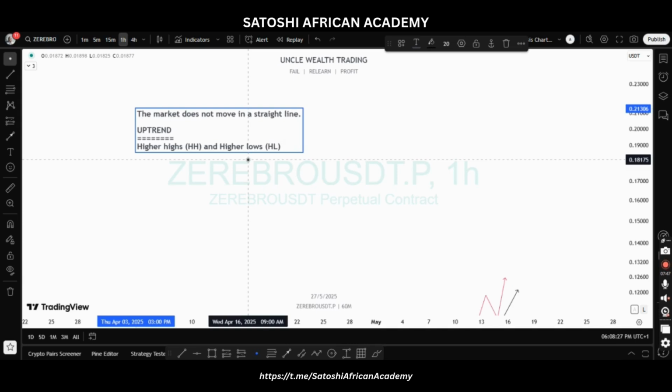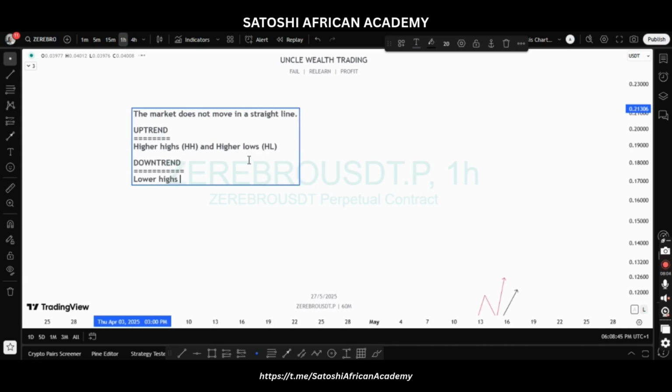While in a downtrend, we are going to see the market creates lower highs and lower lows.